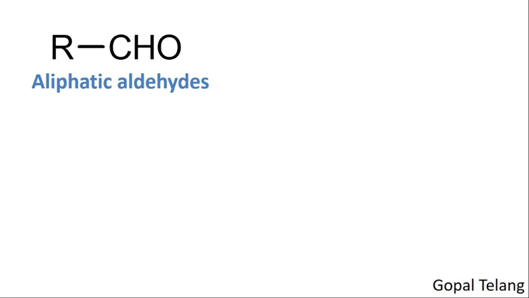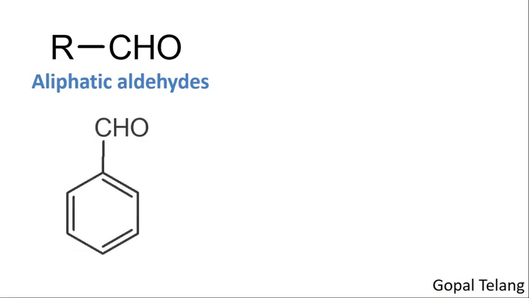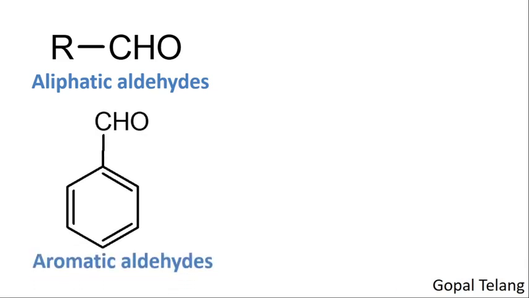So we will summarize all the facts. Aliphatic aldehydes give a positive Tollens test. Aromatic aldehydes give a positive Tollens test.